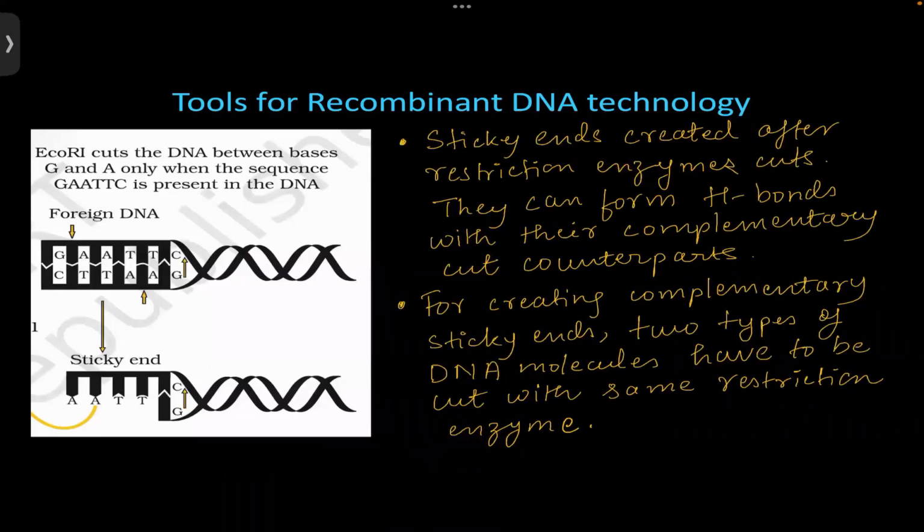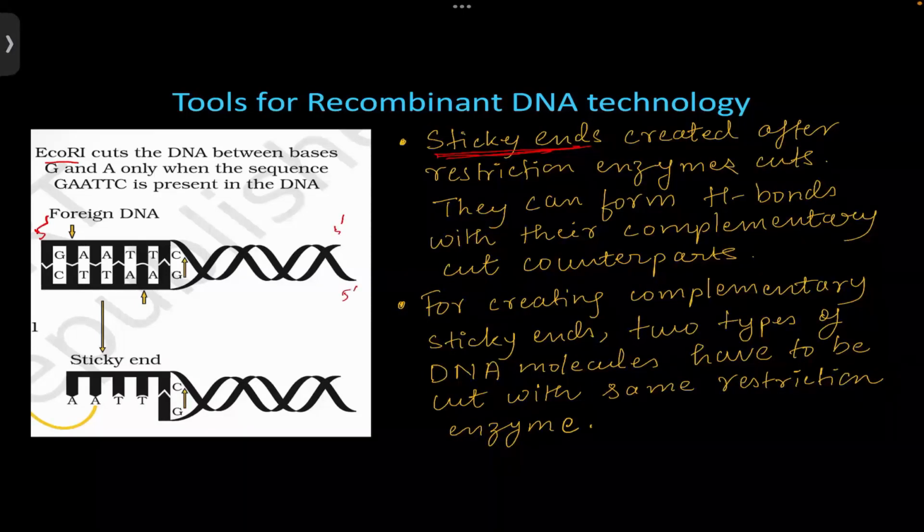And when it cuts, it creates something called sticky ends, which are nothing but single stranded ends. So here, this is the recognition sequence for the restriction enzyme EcoR1, GAATTC from 5' to 3', and here also from 5' to 3'. Now this EcoR1 cuts here and here, between G and A and between G and A. So when it cuts, what happens?